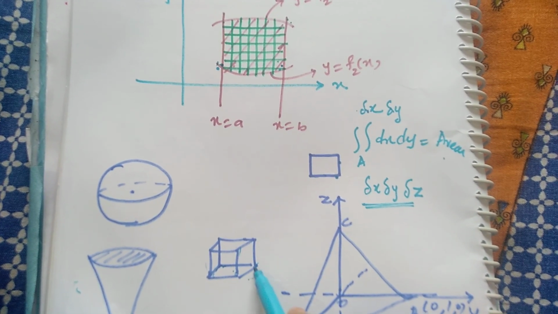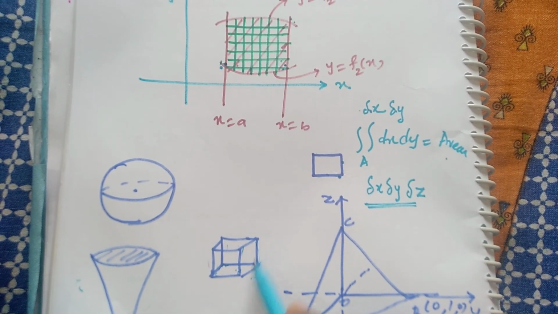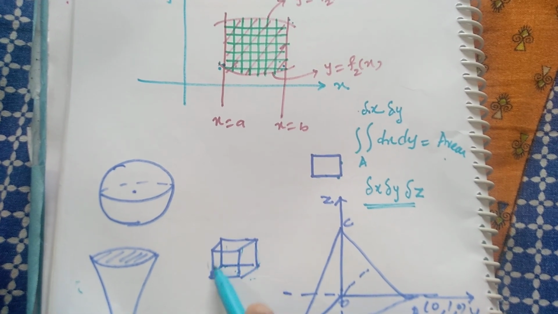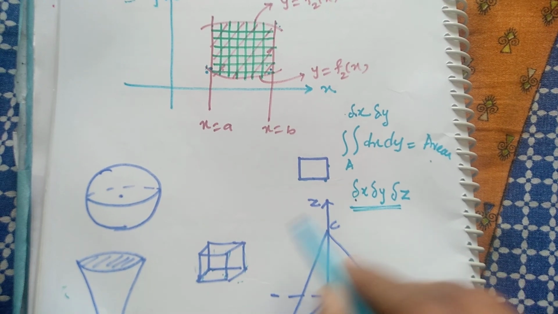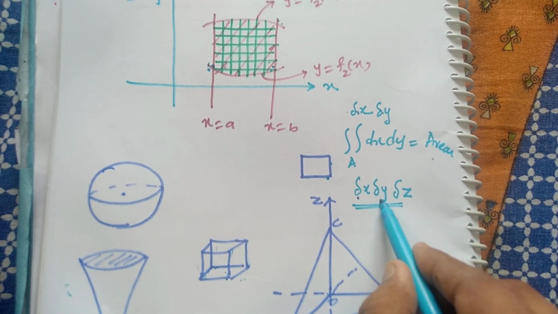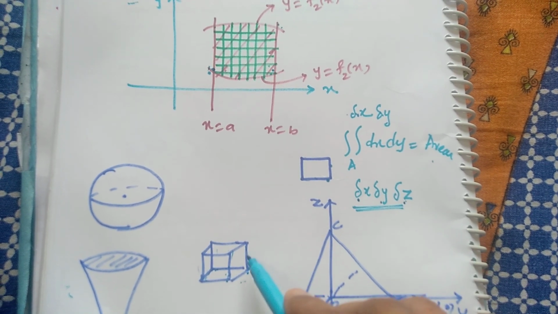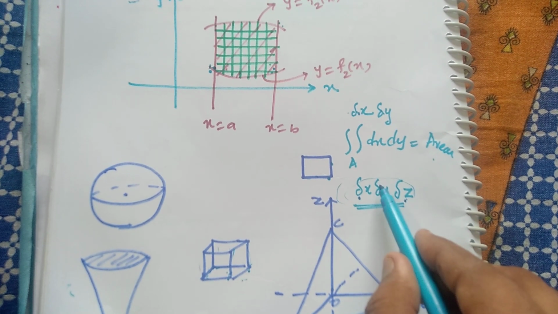If you give height to this rectangle, it becomes a rectangular parallelepiped. To find its volume, delta x is the change in x, that is the length, delta y is the change in y, the breadth, and delta z is the change in z, the height. This is the volume of that rectangular parallelepiped.